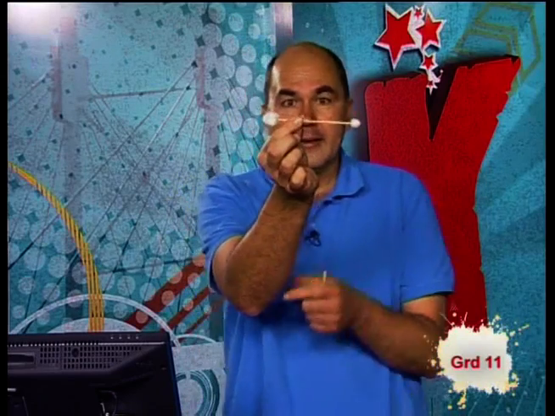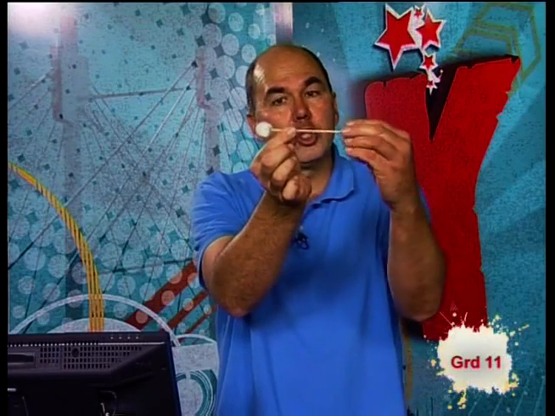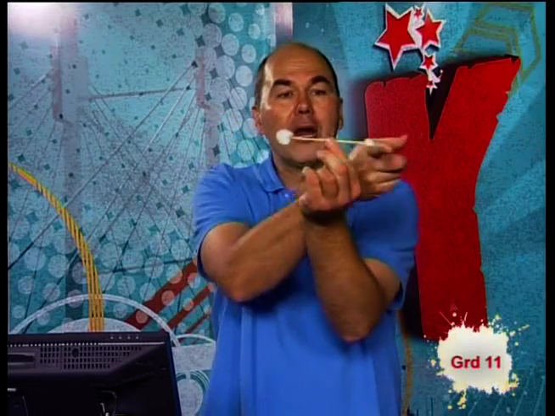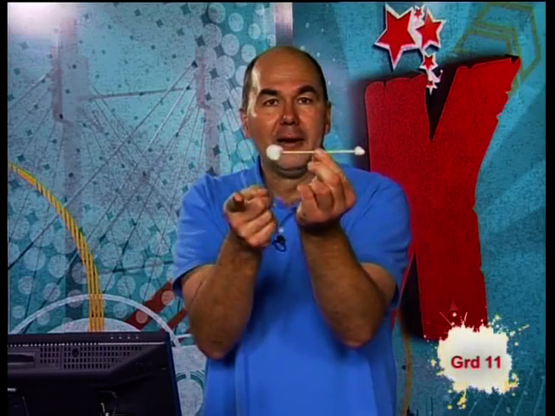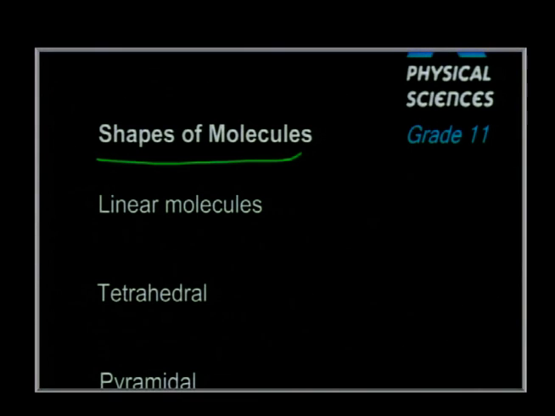Can you see that they're in line with each other? When we've got 2 atoms, there's only one formation that you can get. You can get them closer together or further apart, that's true, but they'll always be in a straight line. Therefore, we say a molecule like this is a linear molecule. Notice it's in a straight line.